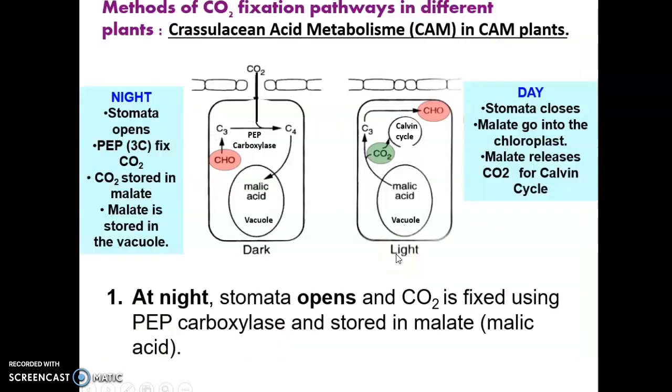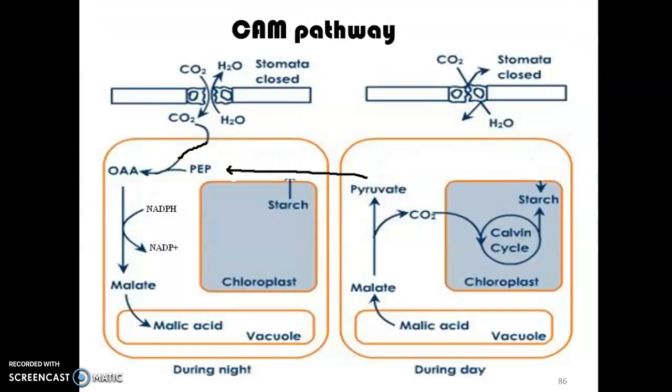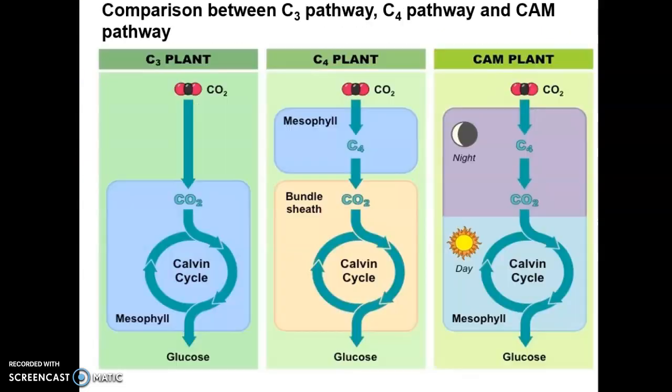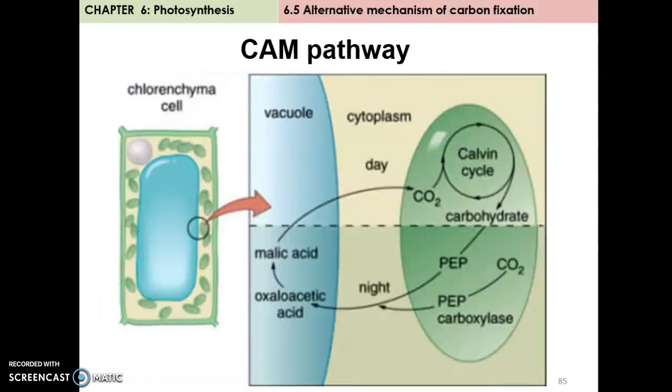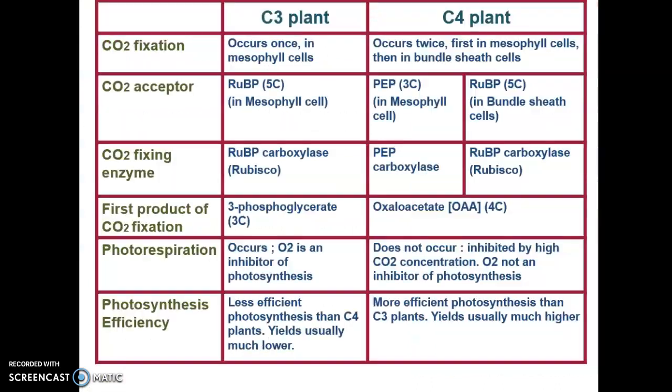Here is the summary of the pathways in C3, C4 and CAM plants. For the differences between C3, C4 and CAM, as long as you understand the concept, you can make your own table to differentiate these three pathways. Okay, thank you.